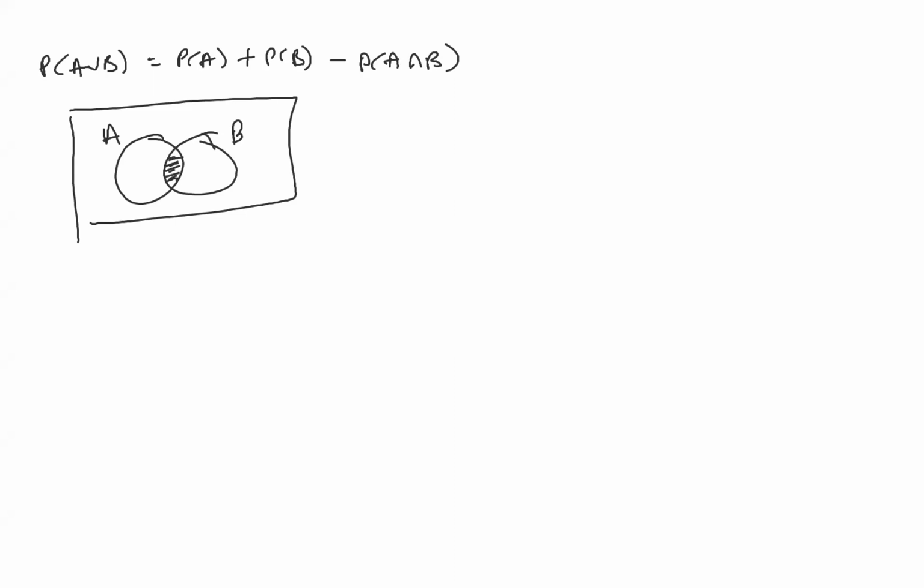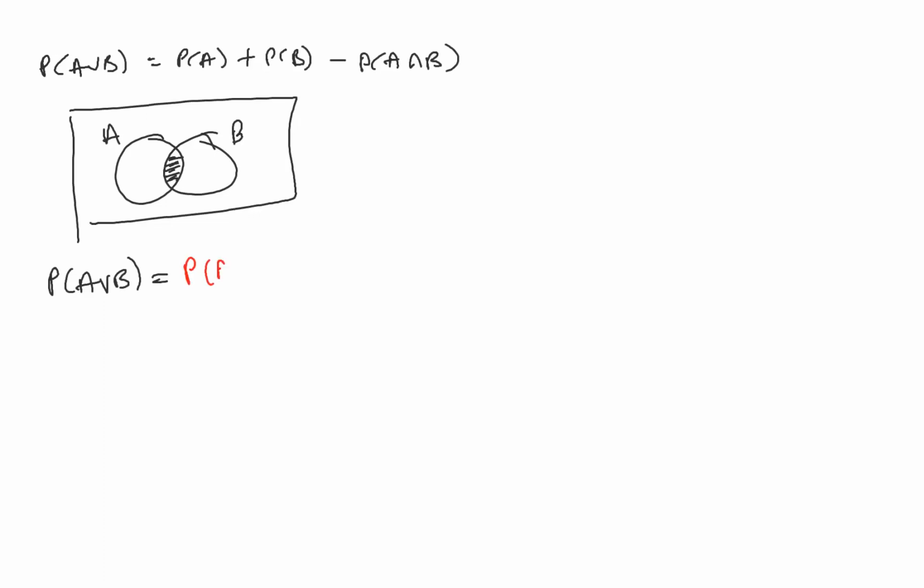So the probability of A union B is equal to the probability of A, plus the probability of B. That is this whole thing.